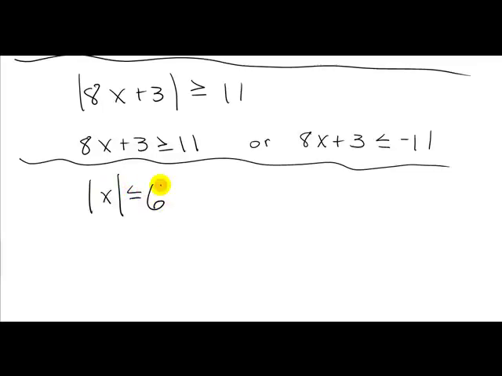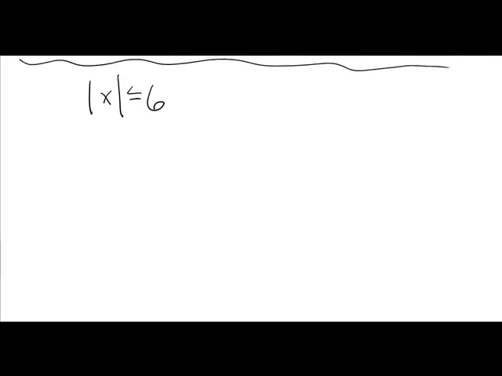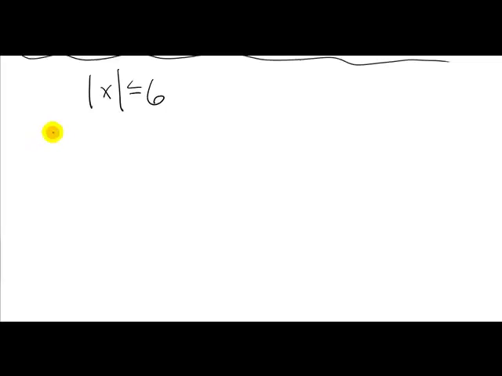So we have the absolute value of x is less than or equal to 6. And so we're going to separate that out again into our 2. I'm going to go ahead and give myself some more space here. So I'm going to have x is less than or equal to 6, or x is greater than or equal to the negative value. Well, I don't have any solving here to do. It's pretty much done.